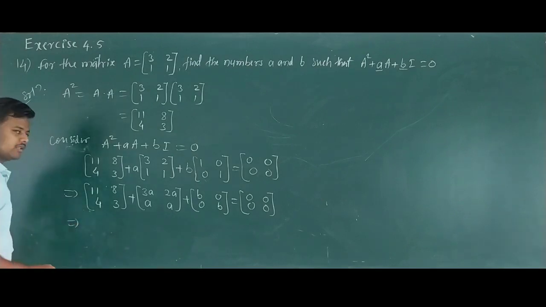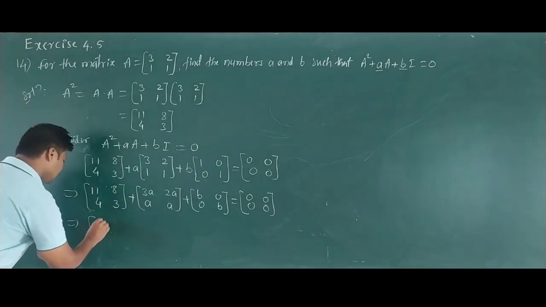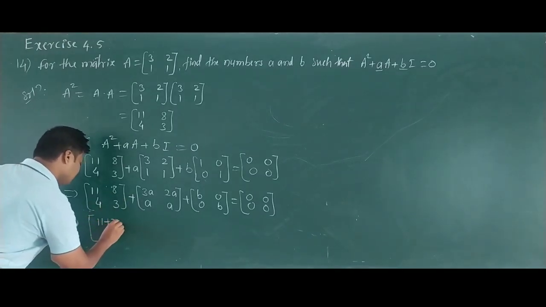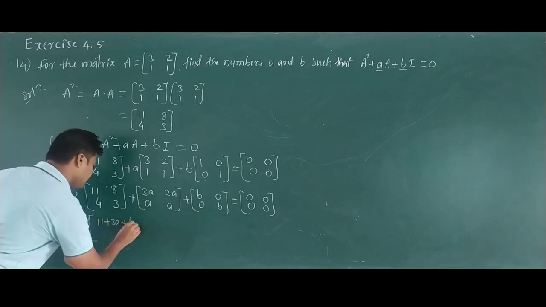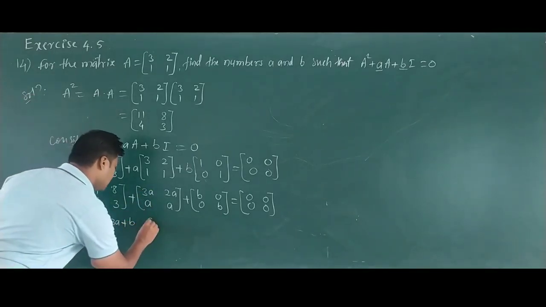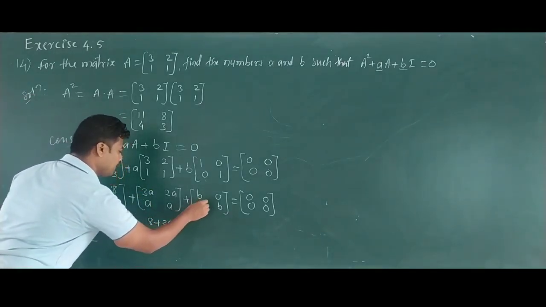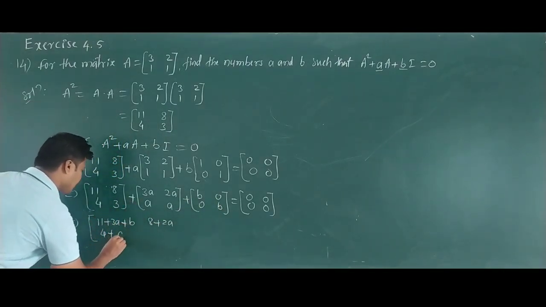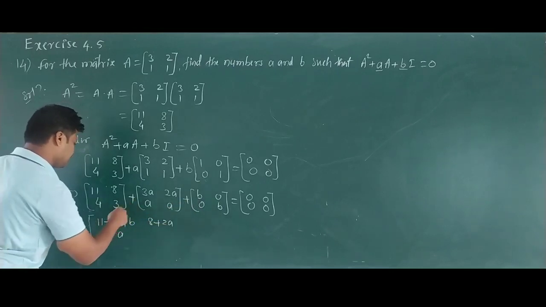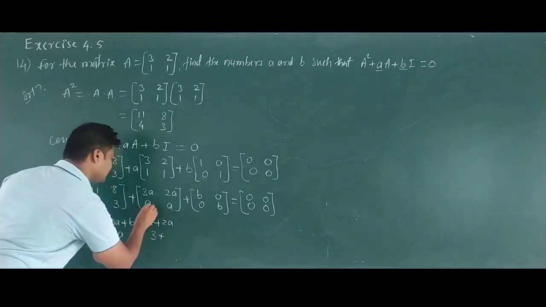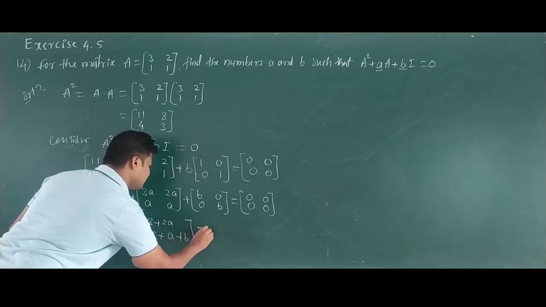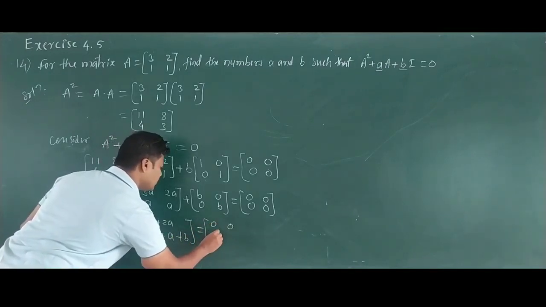Already matrix addition is known, so add the corresponding elements: 11 plus 3a plus b, next 8 plus 2a plus 0, 4 plus a plus 0, next 3 plus a plus b, equals 0 0 0 0.